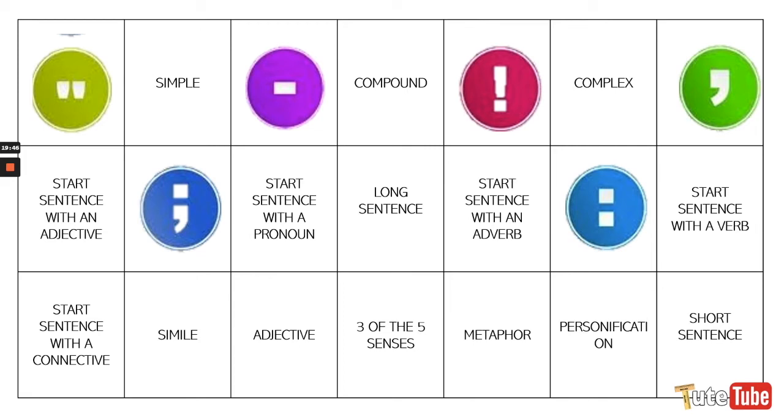So what you might want to do right now is pause the video and choose some of these devices, punctuation marks, sentence starters that you would want to practice for the foreseeable future until your exam, so you know exactly how to use them effectively. So pause the video now and have a look at these and pick a few. I would say try and pick 9. And I think whenever you're practicing a question 5, when it comes to your exam, you can write a list of those 9 things that you're going to definitely include in your piece of writing. Pause the video now and have a look at them.